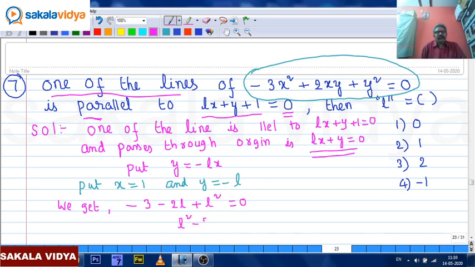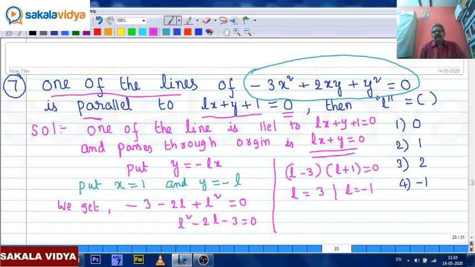L square minus 2L minus 3 equals to 0. What are the factors you will be getting? L minus 3 into L plus 1 is equal to 0. So L is equal to 3 or L is equal to minus 1. So fourth option is there. Option 4.